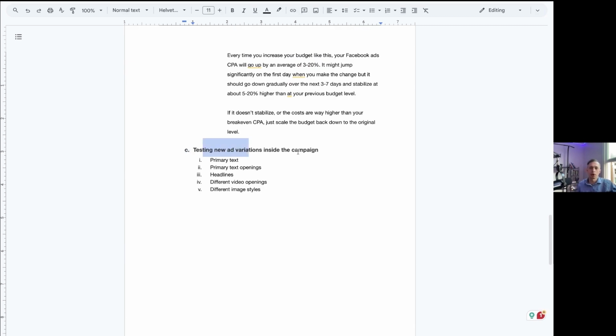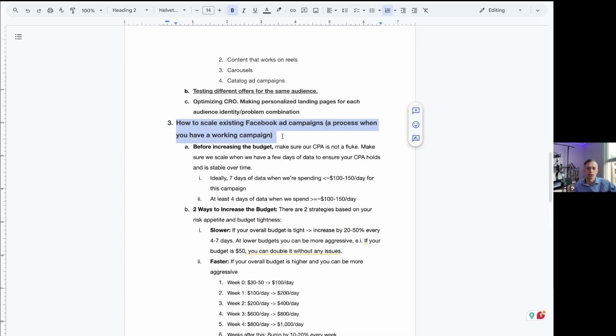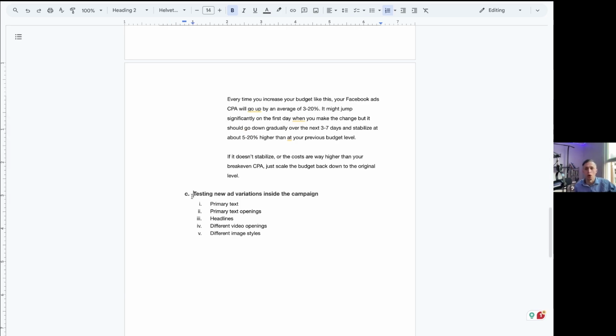And then the last part is, you can scale the existing campaign by lowering the CPA, right? To do that, you can create new text variations, new text opening variations. So the first line of text that people see, just test that.